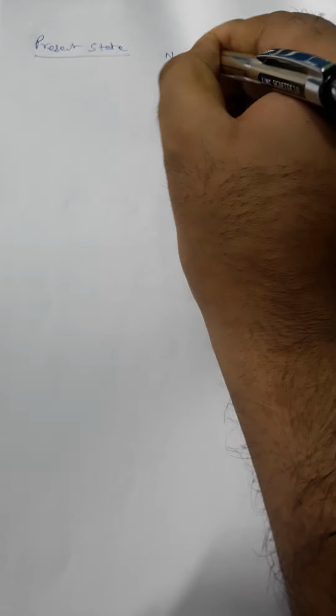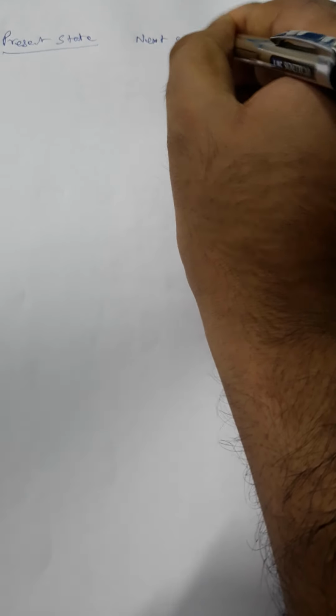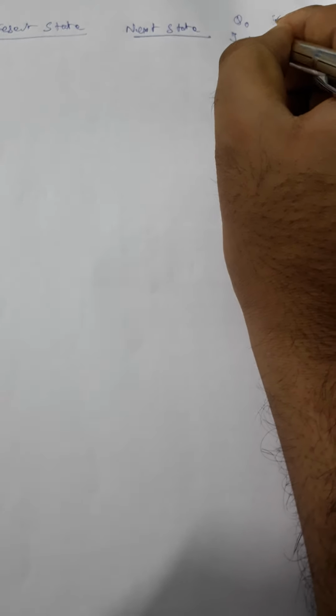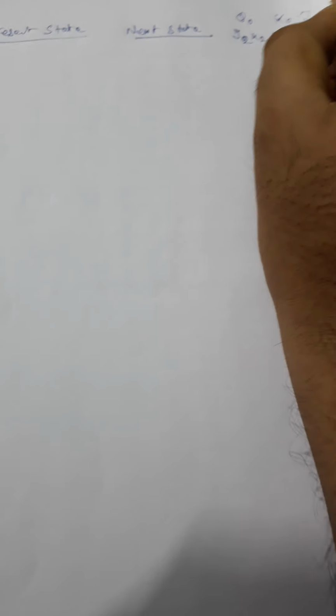We are writing present state, right? Fine. Next we are writing next state, and then J2 K2 J1 K1 J0 K0, right?